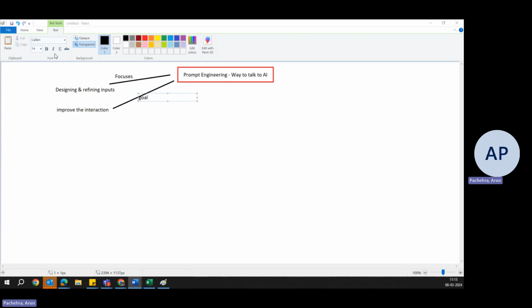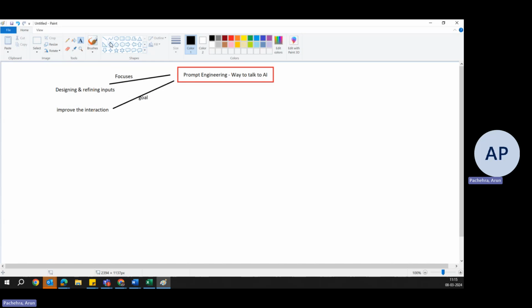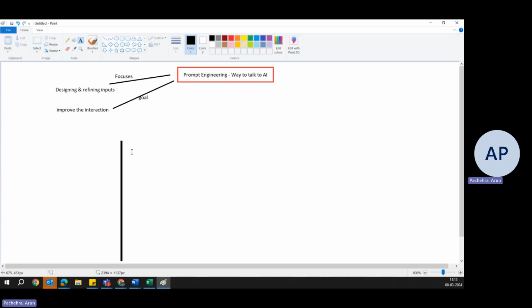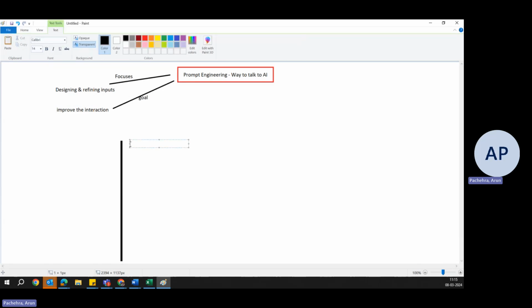So let's quickly see different aspects of prompt engineering. The very first is prompt design. I hope it is clear right now what is prompt engineering.